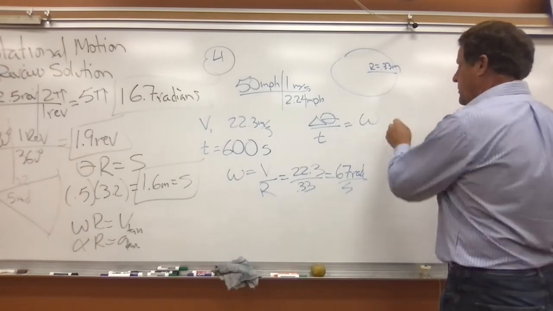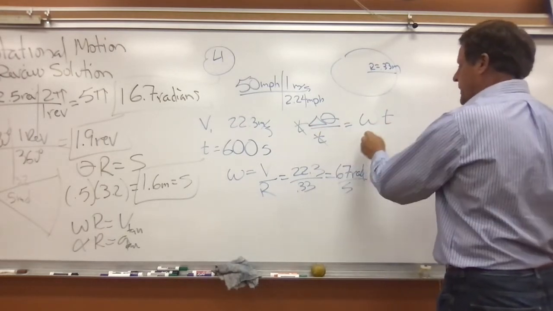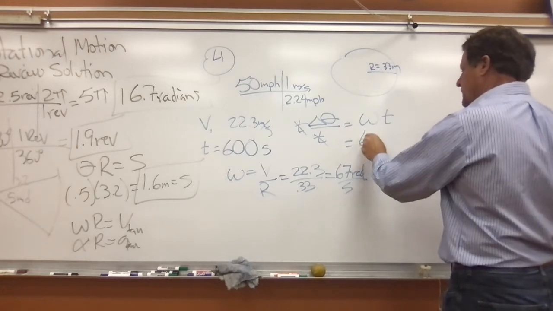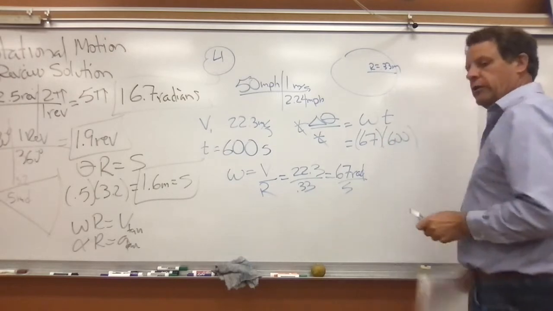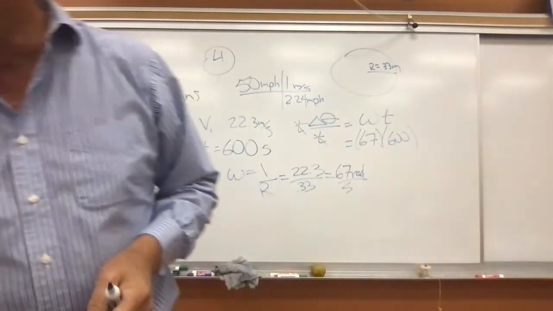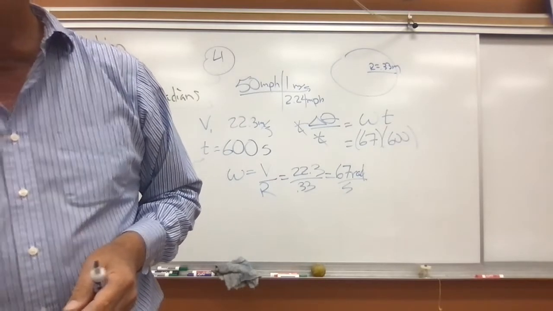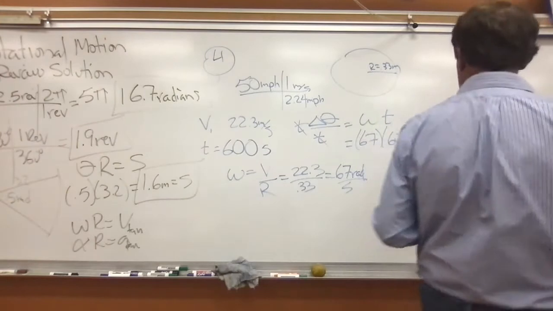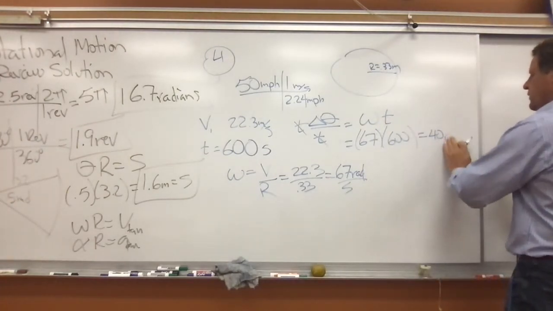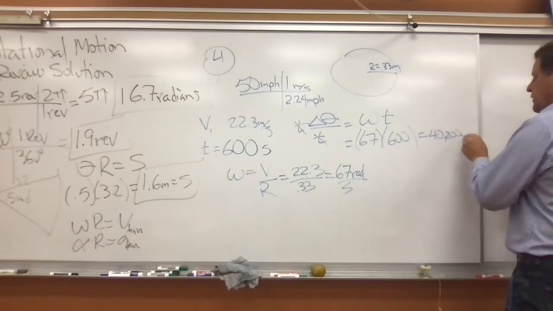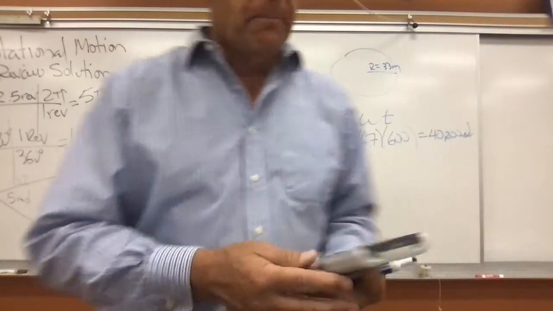If we multiply both sides by t, theta is equal to omega t, which is 67 times 600, and that's 40,200 radians.